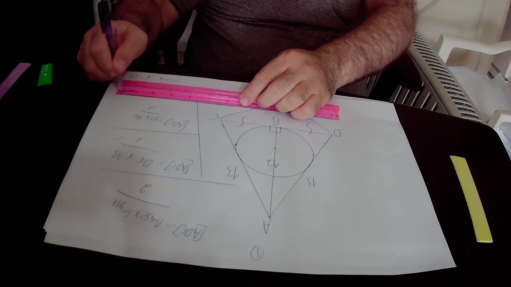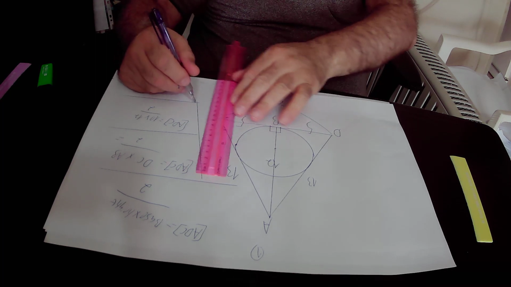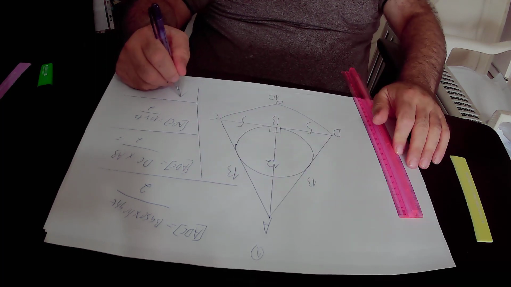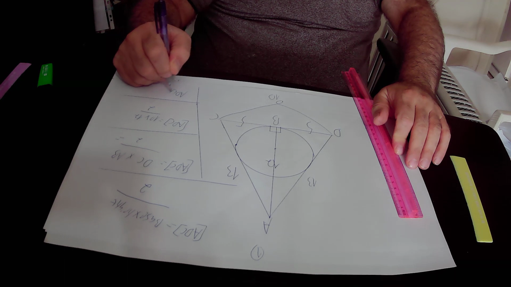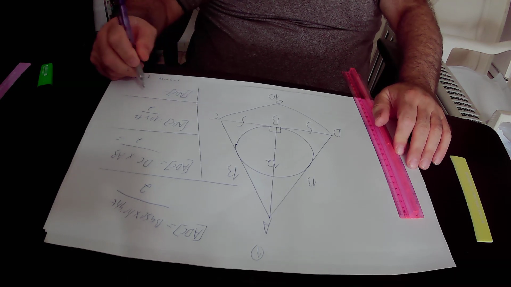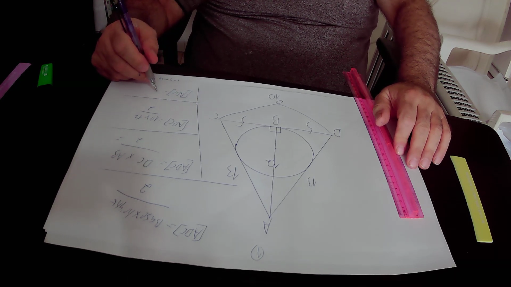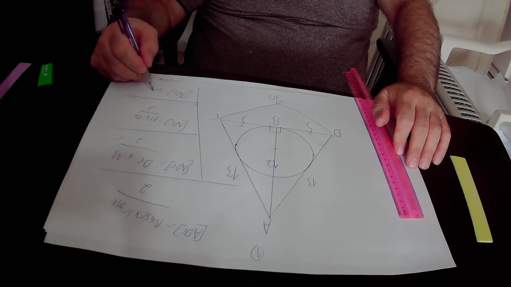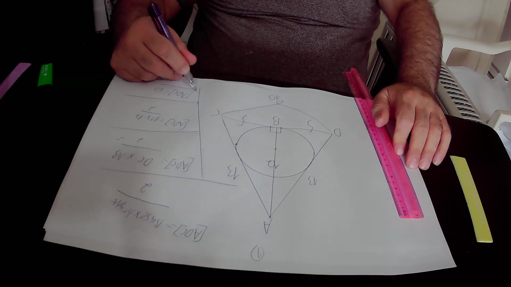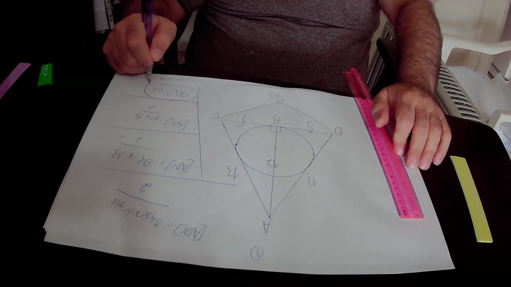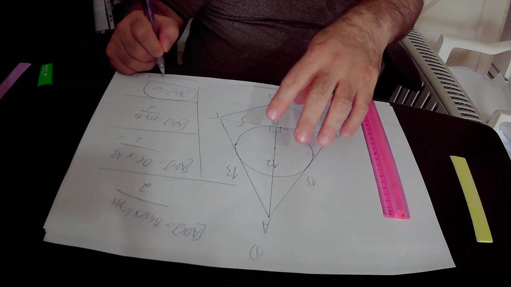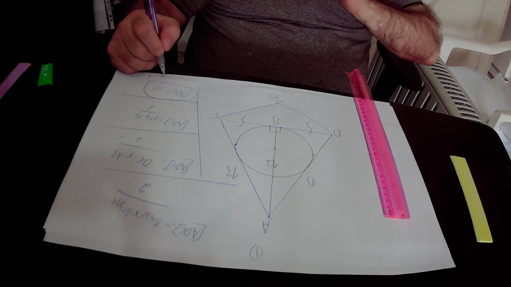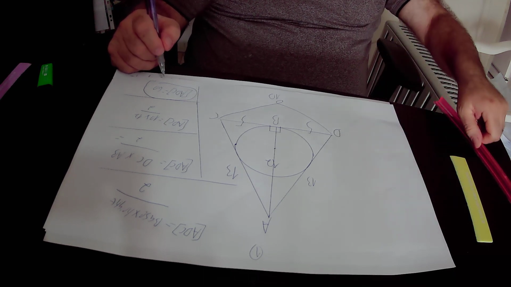So the area of the isosceles triangle ADC is equal to 10 times 12, which is 120, and 120 over 2 is 60. So we found out that the area of the isosceles triangle ADC, this triangle, is equal to 60 square units. Okay?